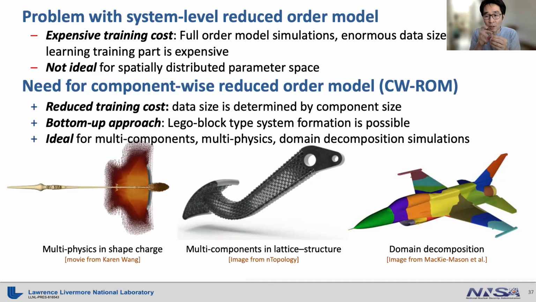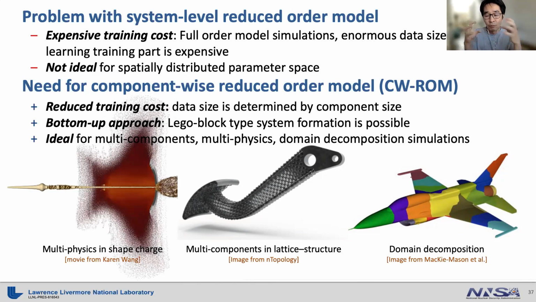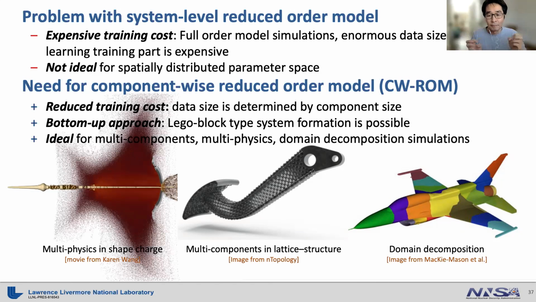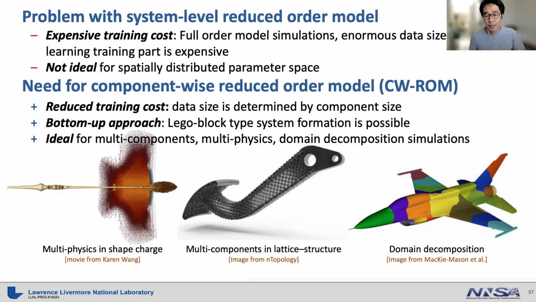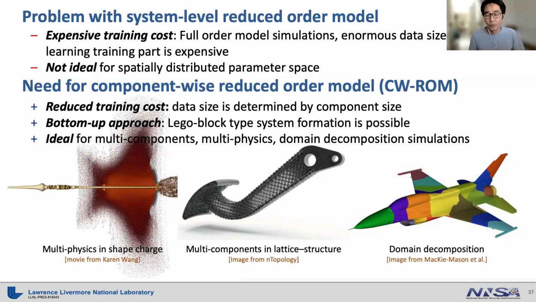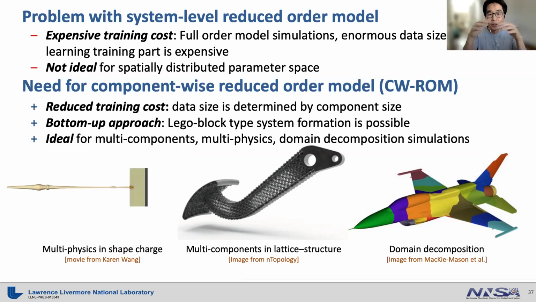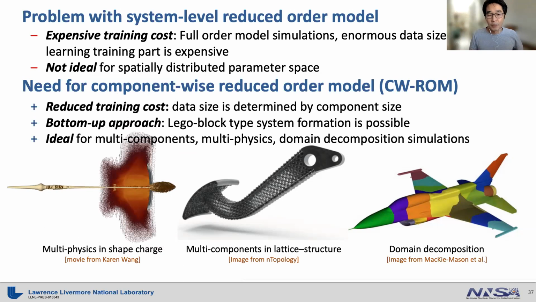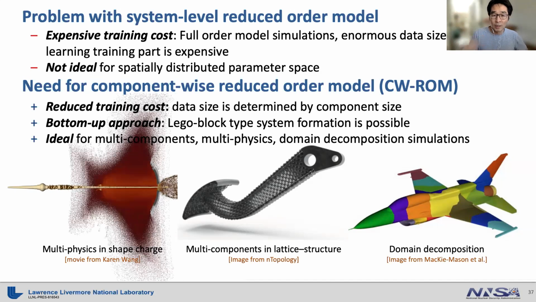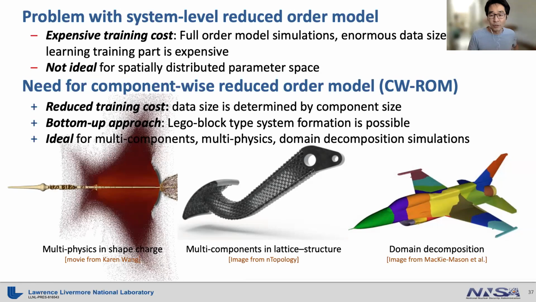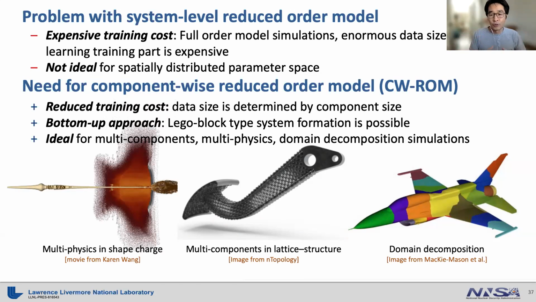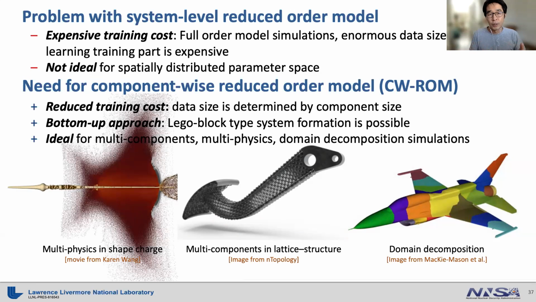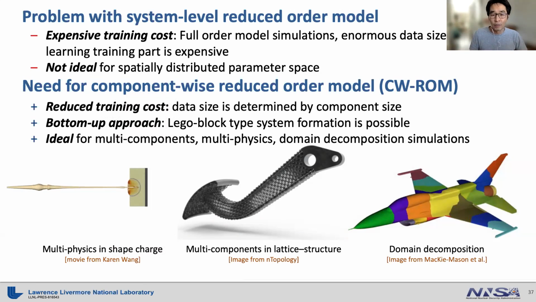Once you build the component reduced models, you assemble them together, just like Lego blocks. Then the cost of solving the whole system becomes low, because you have worked out the reduction in degrees of freedom at each component. So the total number of degrees of freedom will be reduced compared to dealing with the whole system in a monolithic way.